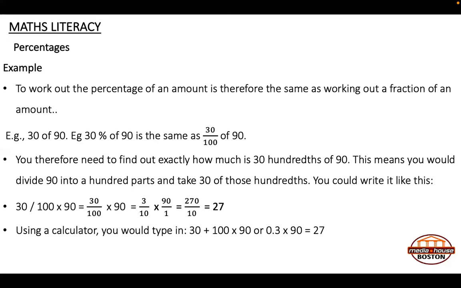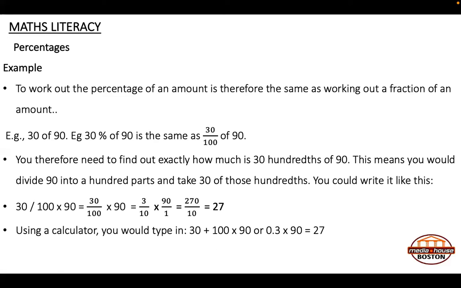Questions? Okay, so don't get too confused with the way they do it here with the calculator.